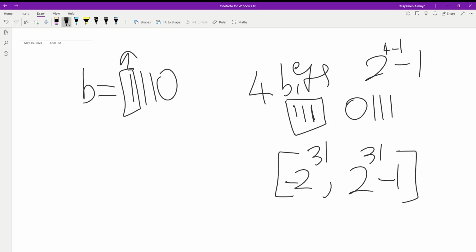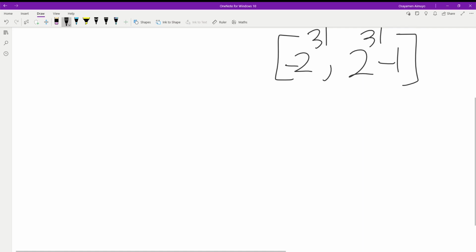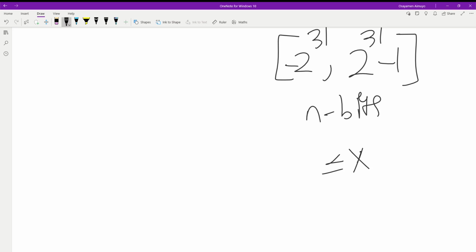Anything more than that, and you have a negative number, okay? While for a negative number, you can have this and so on and so forth. So basically, if you have n bits, give me 1 second. Let's say a number x is going to be within this range.